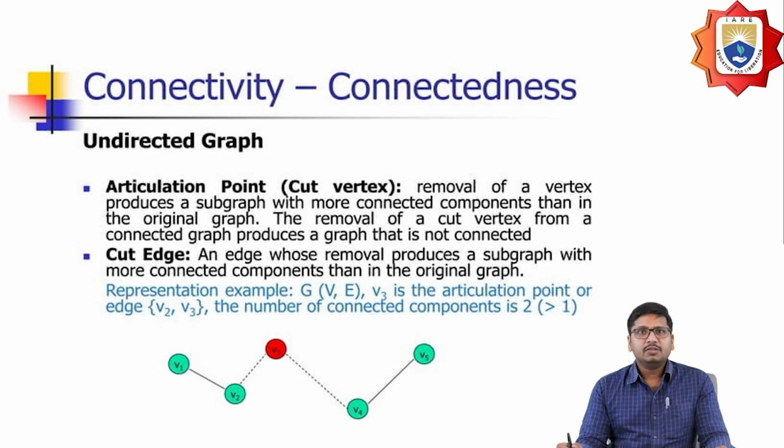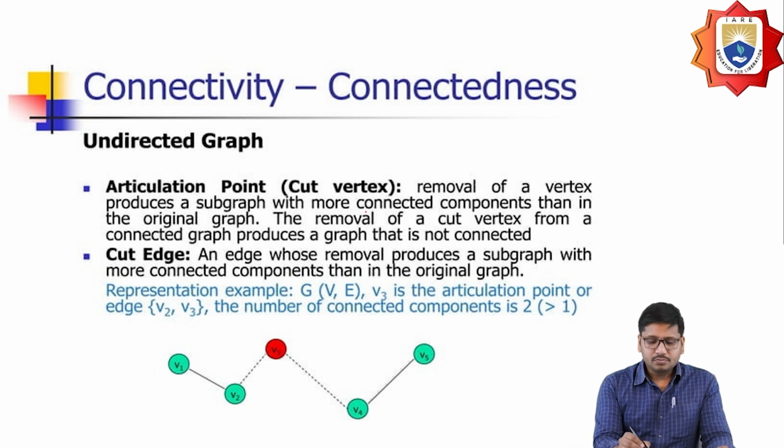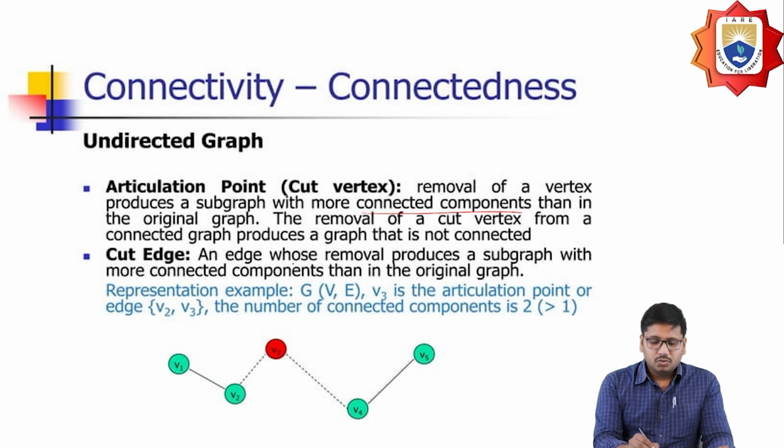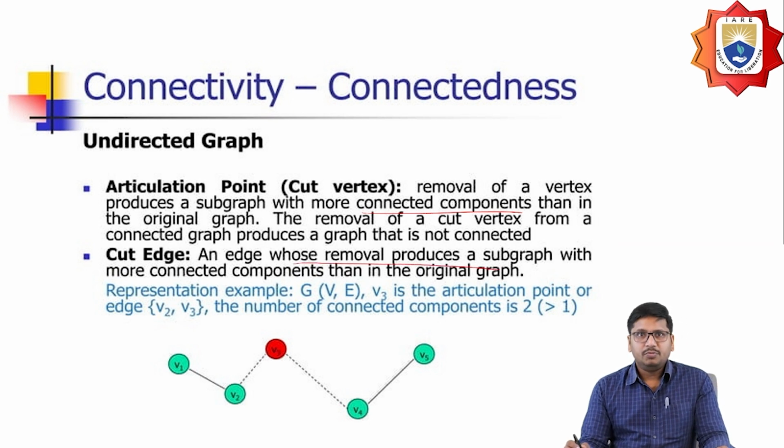Removal of a vertex produces a subgraph with more connected components than in the original graph. Removal of a cut vertex from a connected graph produces a graph that is not connected. A cut edge is an edge whose removal produces a subgraph with more connected components than in the original graph.